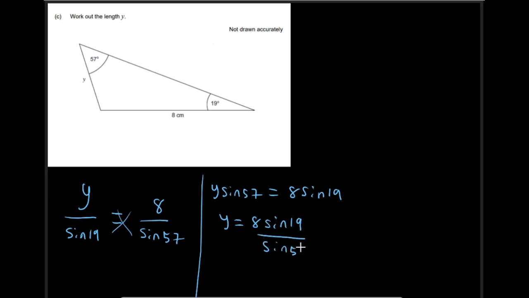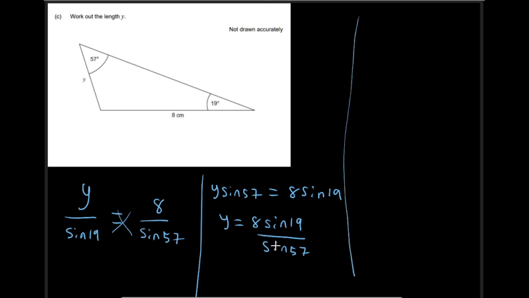To solve this, we cross multiply. This is going to give us y sine 57 equals 8 sine 19. That will give us y equal to 8 sine 19 over sine 57.